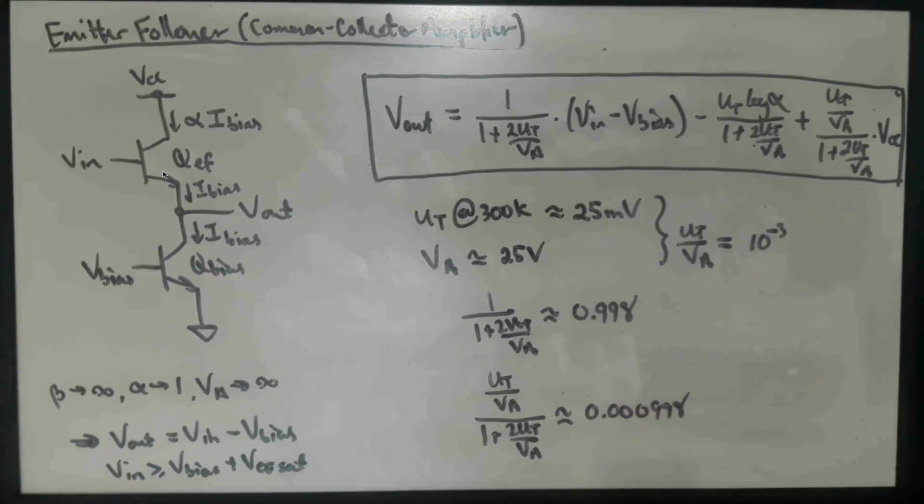Okay, so that's an idea of progressively adding in what we might call second order effects, non-idealities in the transistor, and seeing how they perturb what we learn about the circuit when we first meet it with our idealized assumptions.